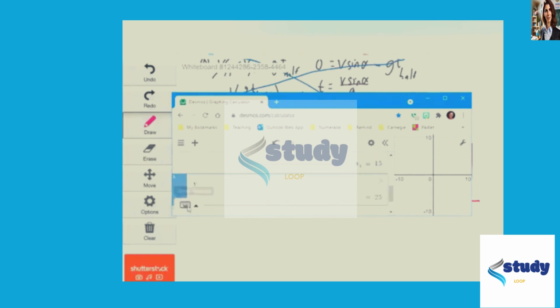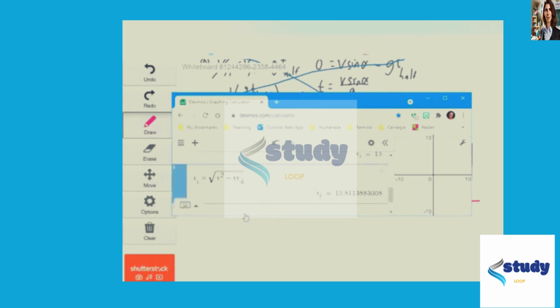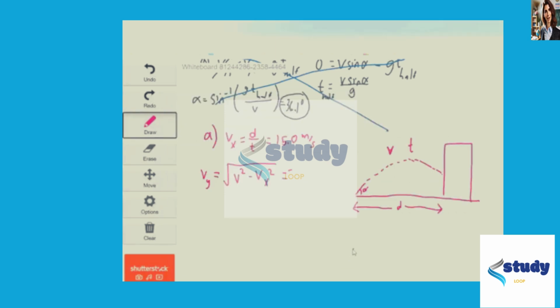So now V subscript y is going to be the square root of V squared minus Vx, V subscript x, squared. Okay, so Vy is 20.